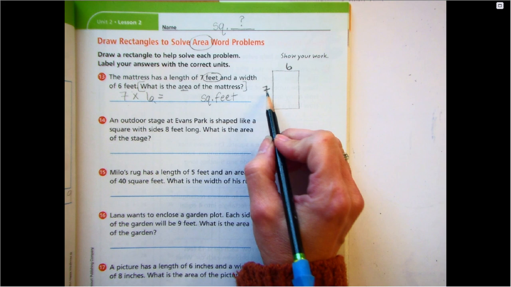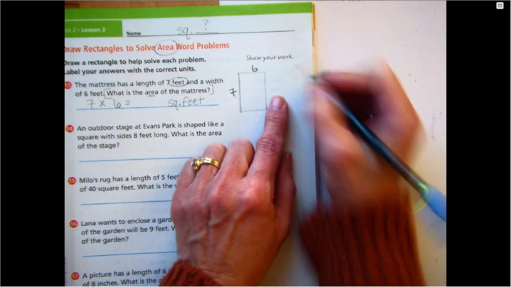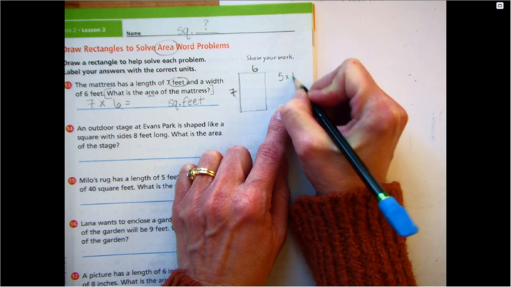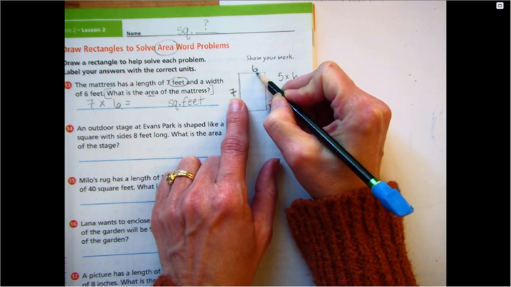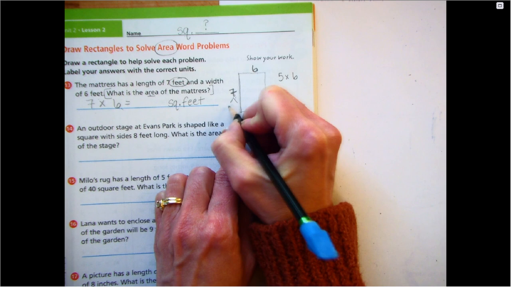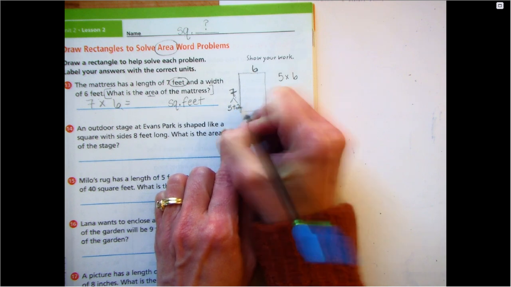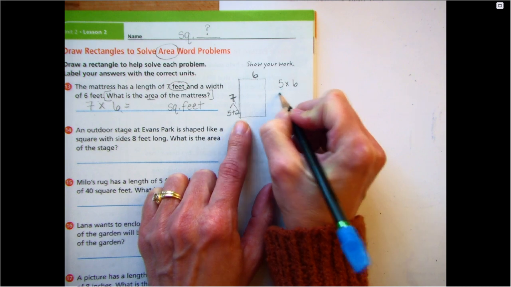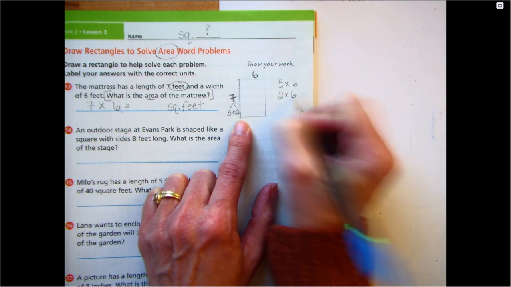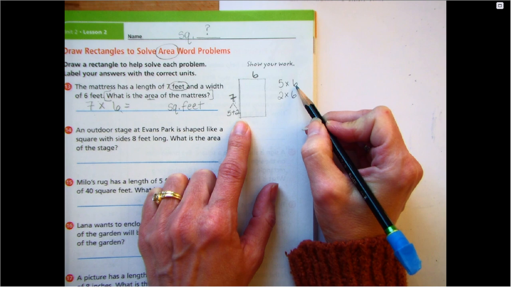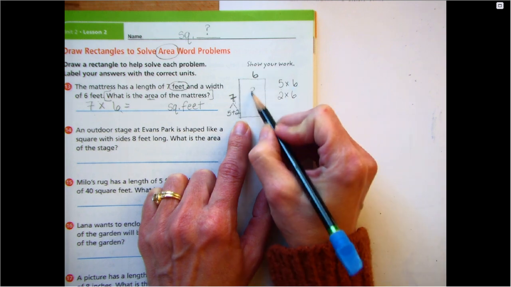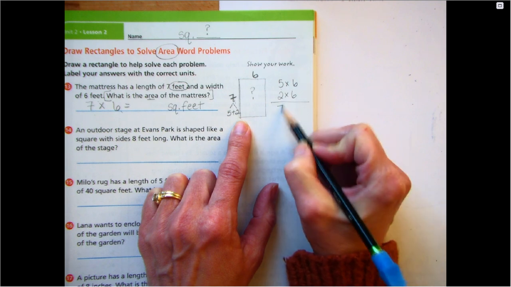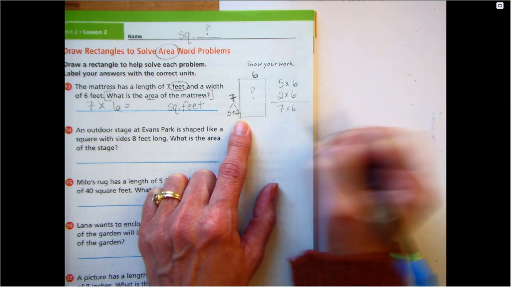If I don't know my 7s, why don't I take a group of 5 times 6? If I take a 7, I can break that down into a 5 plus a 2. Remember doing that? Here's my 5. Now I need to do my 2. So if I solve both of those, then I found the area on the inside, because 5 plus 2 would be the same as 7.